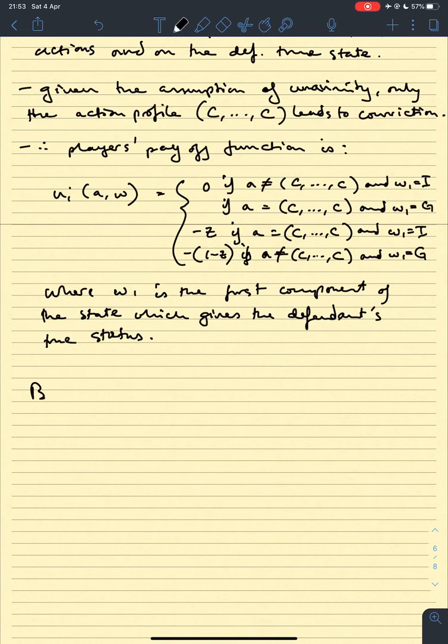So, the Bayesian game in summary is as follows. The players: the set of jurors.